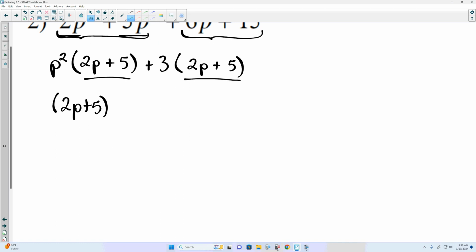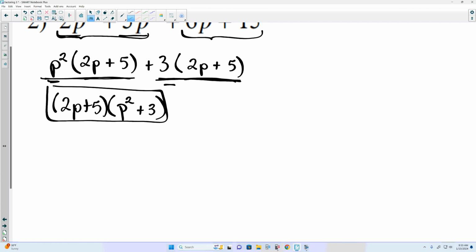And if I remove the 2p plus 5 from this first term here, all we're left with is p to the second. And if I remove the 2p plus 5 from the second term, all we're left with is our positive 3. That's it. It's greatest common factor twice.